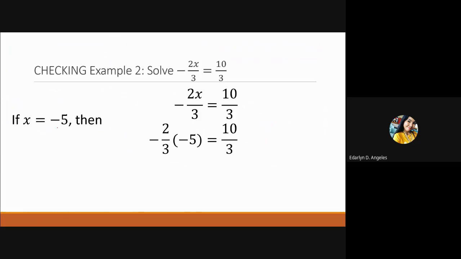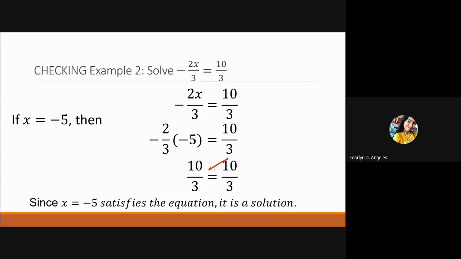Substitute the value of x, which is negative 5, and simplify it. What is the product of negative 2/3 times negative 5? That would be 10/3, is equal to 10/3. So they are now equal. Therefore, it is a solution.